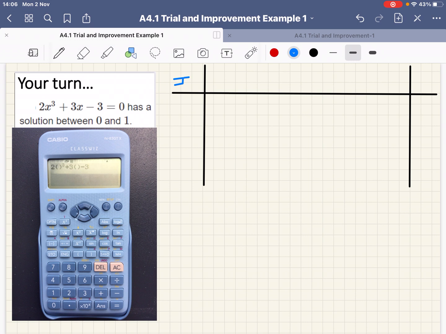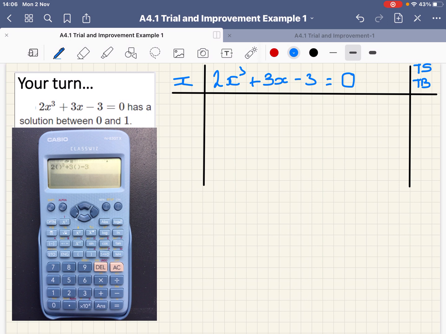So we've got x, we've got 2x cubed, we've got plus 3x, we've got minus 3, and we're looking to prove that this time it's equal to 0. Worth noting that it's not always going to be equal to 0, it could be any value. And our end column then, we've got a too small or a too big.